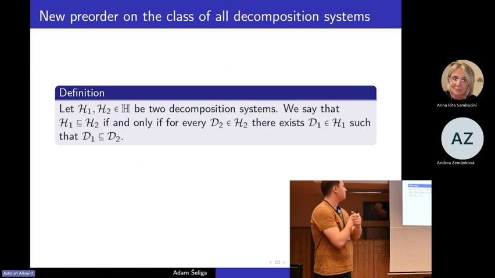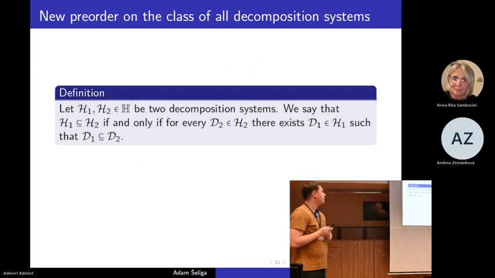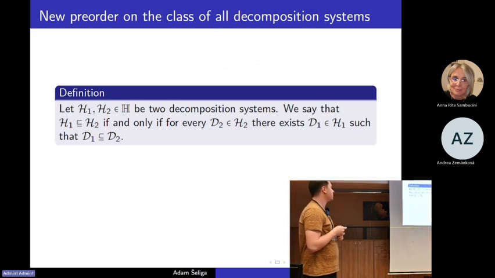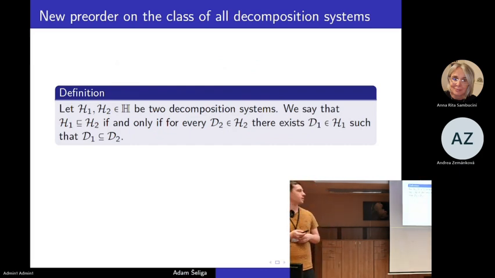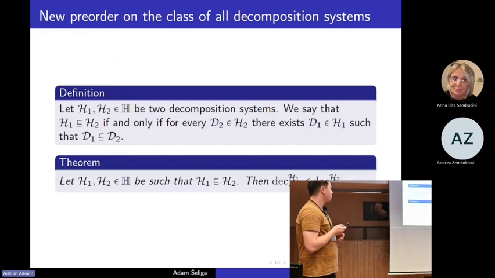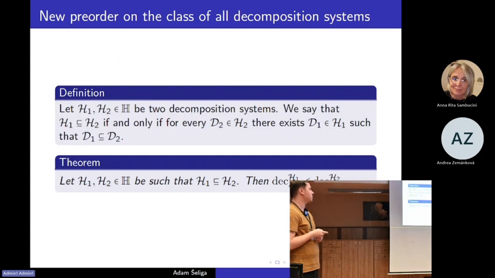This is the other way around than in the case of decomposition integrals, where for every smaller collection, we can find a greater one in the larger decomposition system. And this allows us to order decomposition integrals using this preorder.